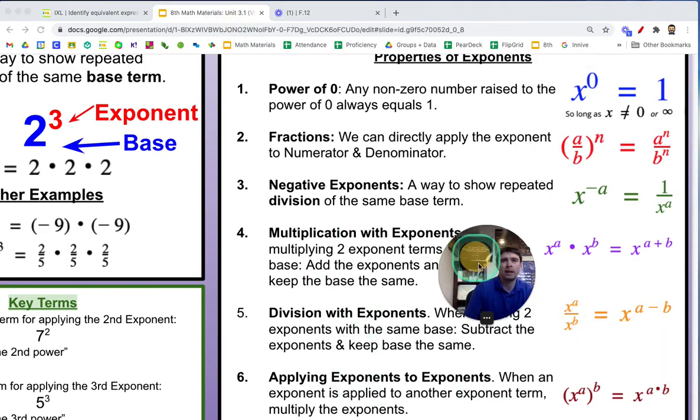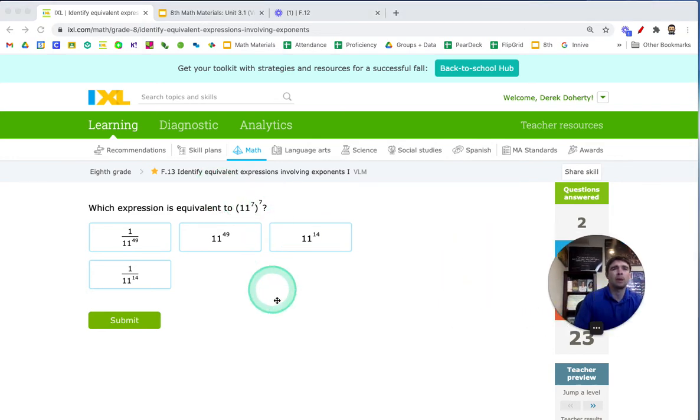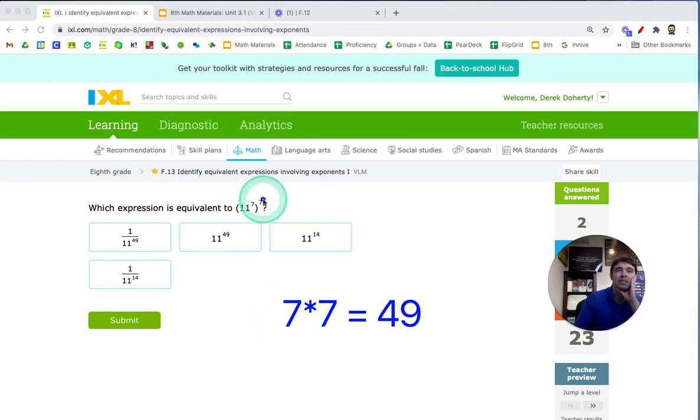Whenever I apply an exponent to another exponent, all I need to do is multiply those exponents together. So in this case, 11 to the 7th power, all raised to the power of 7, I could just do 7 times 7, which equals 49. So if I do 11 to the 7th raised to the 7th power, 7 sets of those 7 11s, I'm going to have a total of 49 copies of 11.